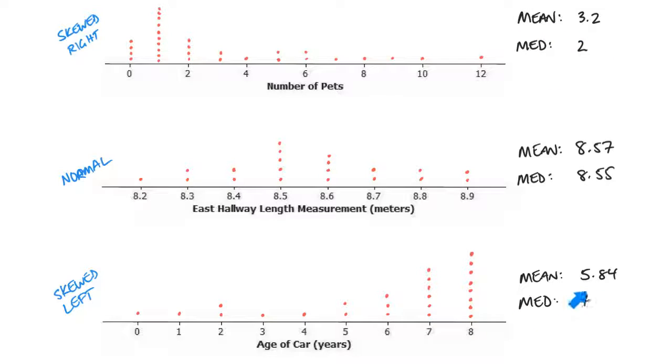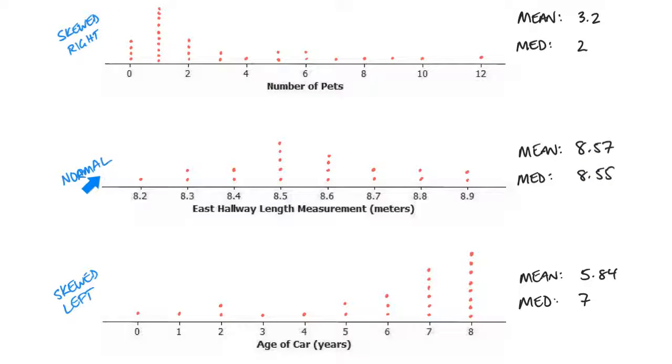In both cases where the data is skewed, the median is a better representation of the data because the means are too affected by the outliers. They're skewed, in this case higher and in this case lower. And so the mean is not a good representation of the data when the data is skewed. However, when the data is normal, then we see that the mean works just fine.